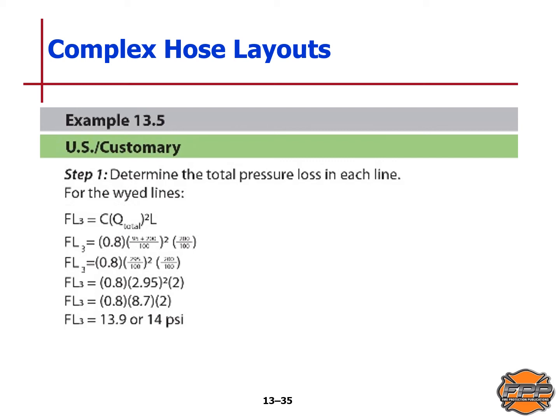Friction loss for 3 is 0.8 times 295 divided by 100 squared times 2. So friction loss 3 is 0.8 times 2.95 squared times 2. The friction loss 3 is 0.8 times 8.7 times 2. So the friction loss for 3 is 13.9 or 14 psi. I apologize, the copy's not real good on this slide. You can double check my math and double check the book.